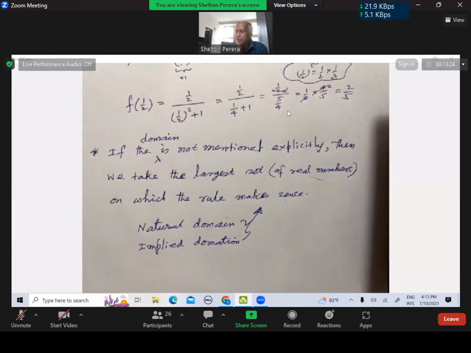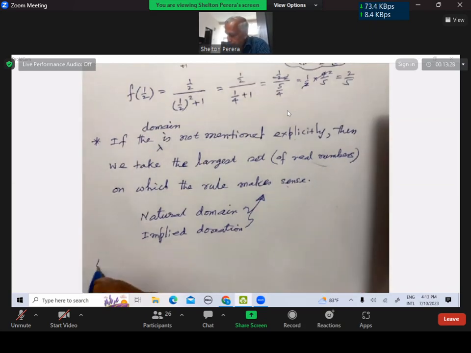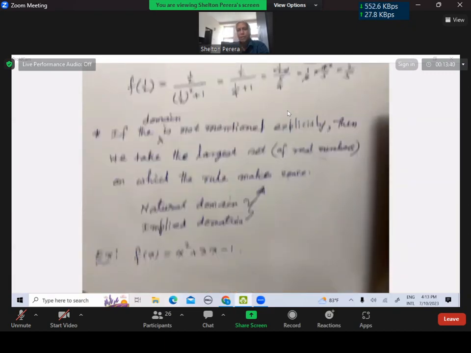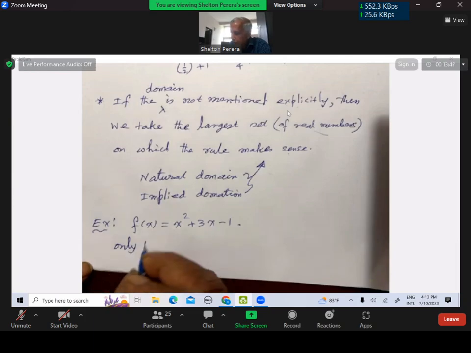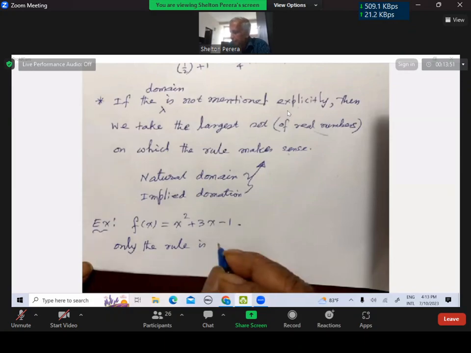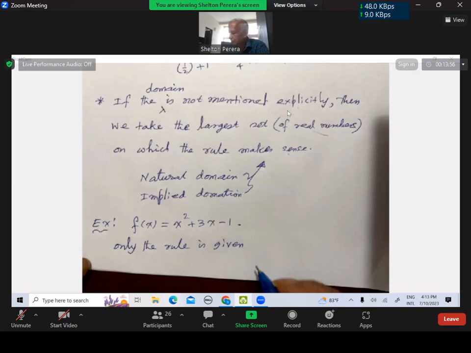What do we mean by this? Take, for example, a function f of x equals x squared plus 3x minus 1. It's a rule. Only the rule is given.